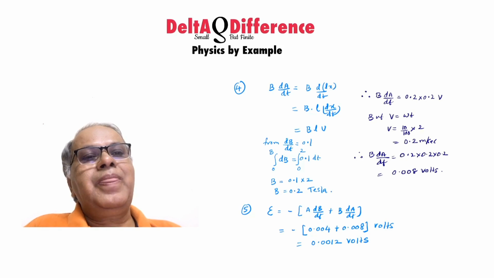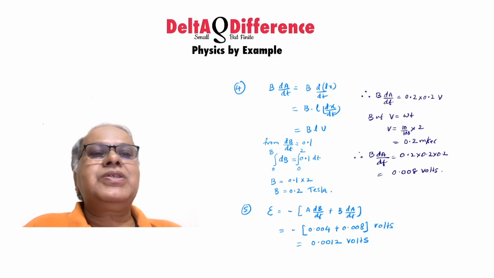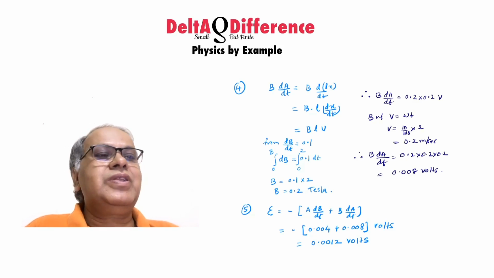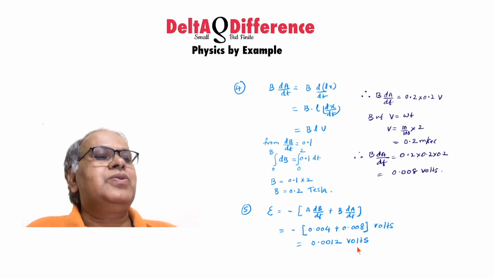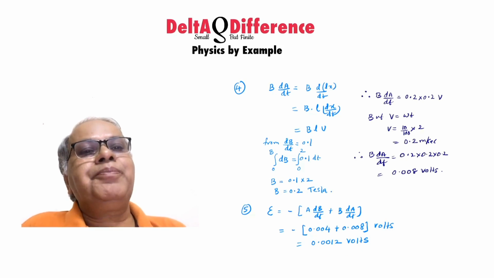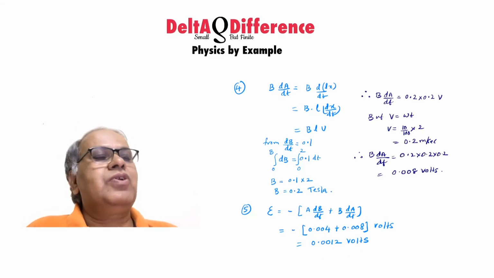EMF and current are induced because of the rate of change of flux basically, so they will be in such a way that they oppose this change of flux. That's why the minus sign comes. So we do not bother about the minus sign here. So I dropped it and we wrote 0.0012 volts as the EMF induced between the ends of the rod.